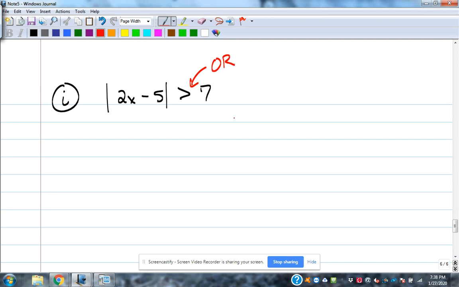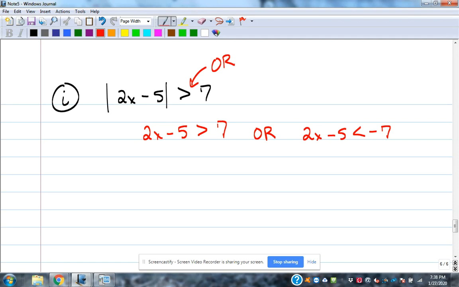So we're going to set it up, drop the absolute value marks. 2x minus 5 is greater than 7, or 2x minus 5, flip the symbol, change the sign. One of them is exactly the same, just take away the absolute value marks. The other one, flip the symbol, change the sign.